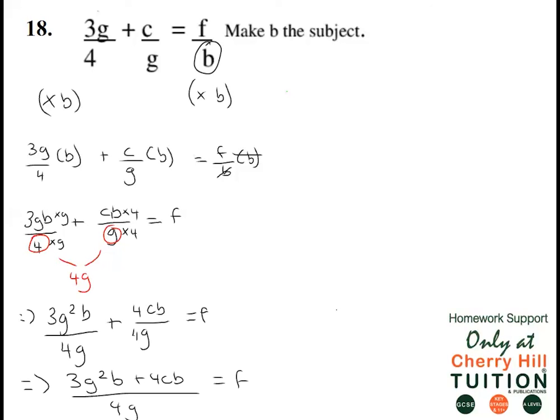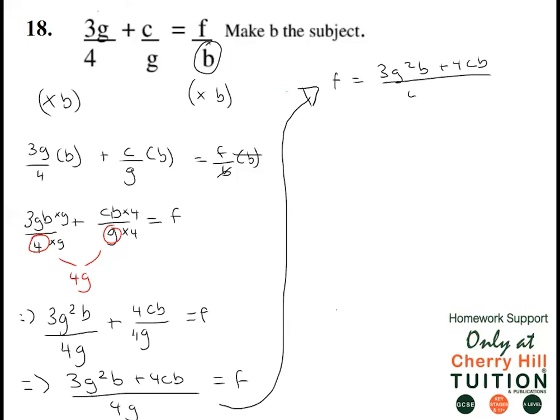So let's move this here so we have some more working out space. So we need to make b on its own. So we need to think to ourselves, what is stopping the b from being on its own? We currently have this fraction. We have a denominator that we do not want. So we can multiply by this denominator in order to eliminate this on the right-hand side.